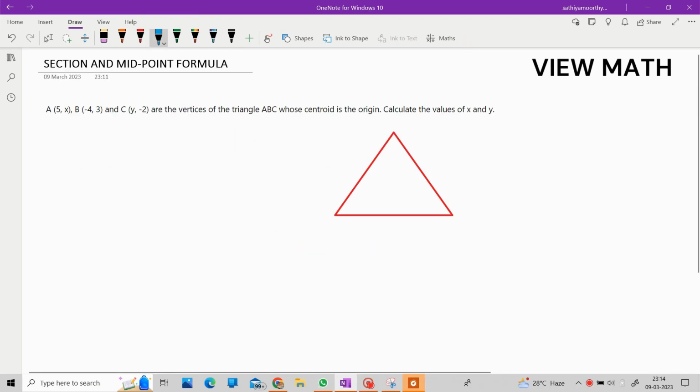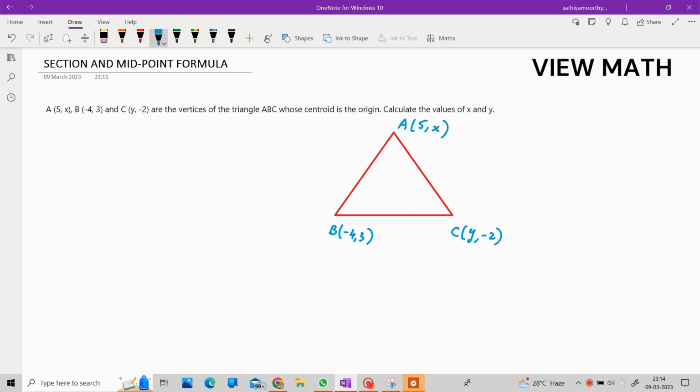So, next problem. A 5, x, B minus 4, 3, and C y, minus 2 are the vertices of the triangle ABC, whose centroid is the origin. Calculate the values of x and y. So, they have given a triangle ABC, and the A coordinate is 5, x, B coordinate is minus 4, 3, and the C coordinate is y, minus 2.